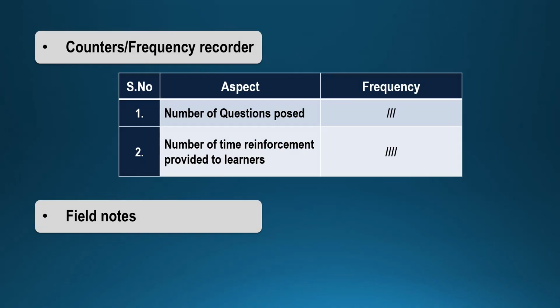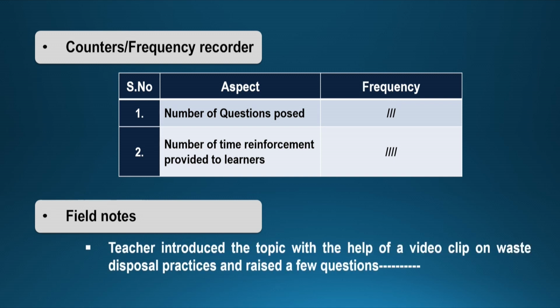So field notes means the observer tries to take notes in his own words. For example, the teacher introduced the topic with the help of a video clip on waste disposal practices and raised a few questions to arouse the curiosity among the learners. So you go on recording the important events that are taking place in the classroom situation.